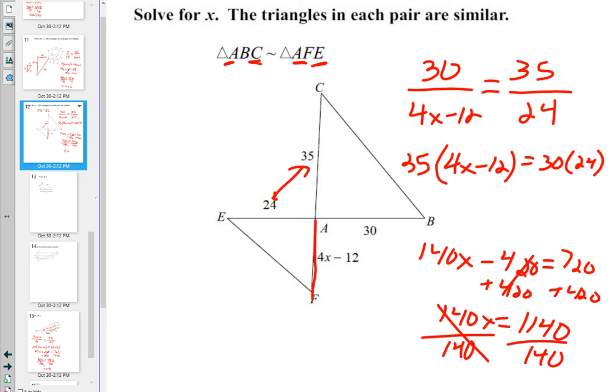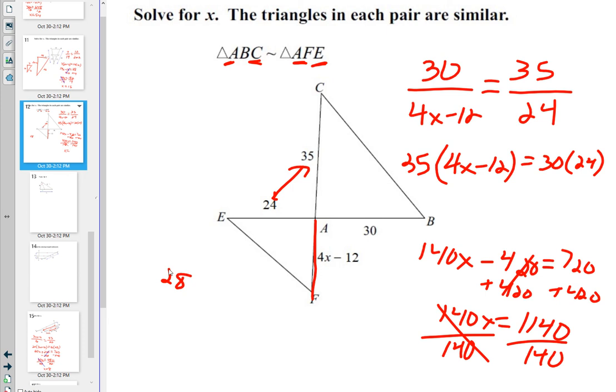They should be based on the, unless they have the similarity statement wrong. It could be that the similarity statement is in the wrong order. The answer says 10. So like if I put in a 10, that would make this 28. I think that's it. I think it's that the similarity statement was wrong.